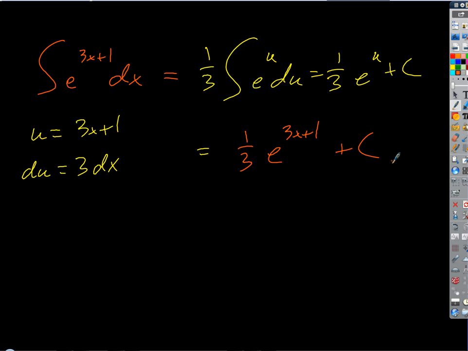How about that one? Derivative of, let's use the chain rule. Derivative of e to the u is e to the u, divided by, no, times the derivative of u. Well, what's the derivative of negative 3x to the minus 1?